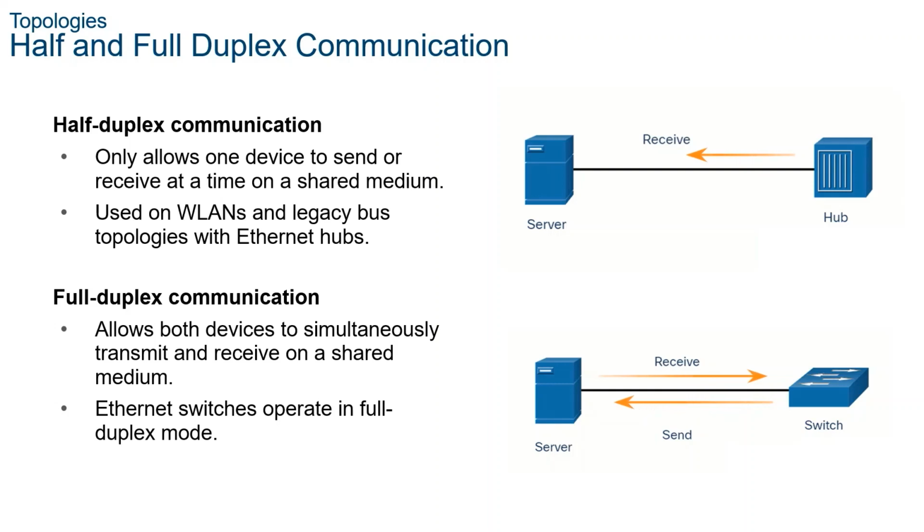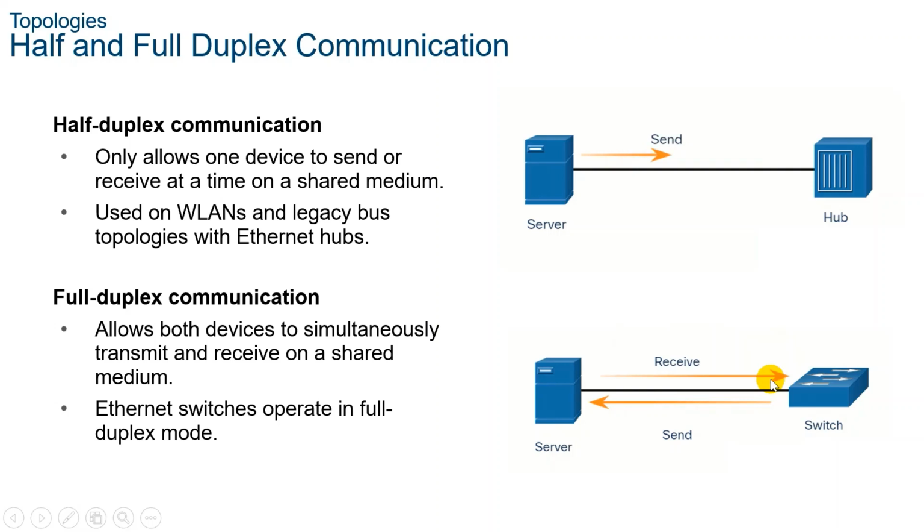Ethernet switches operate in full duplex mode by default, but they can also operate in half duplex if connected to devices such as an Ethernet hub. Half duplex is mainly used in Ethernet hub connectivity. But nowadays, since we are using Ethernet switches, we are in full duplex communication, wherein the server and the switch can simultaneously send data.